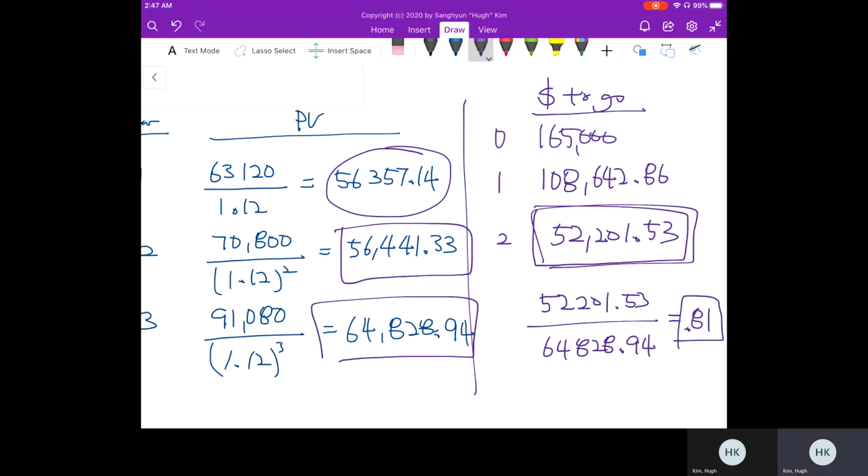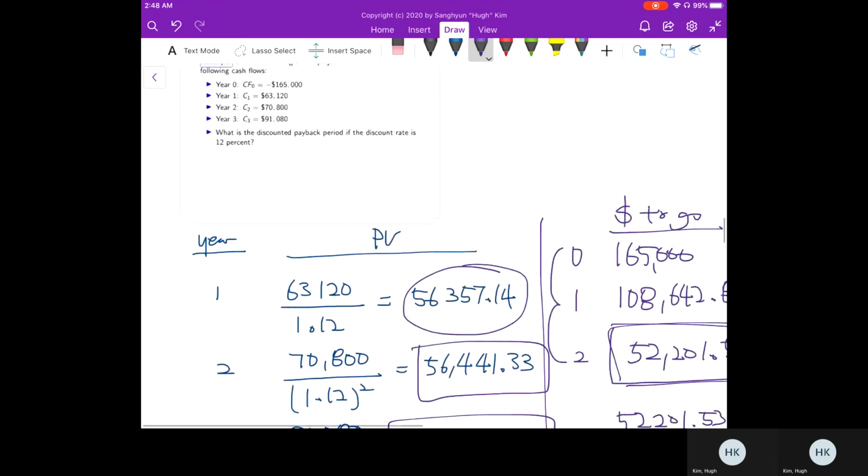So the discounted payback period is 2.81 years. So as you can see here, the discounted payback period rule fixes one of the most important disadvantages of the payback period rule, but it still has all the same disadvantages as the payback period rule.